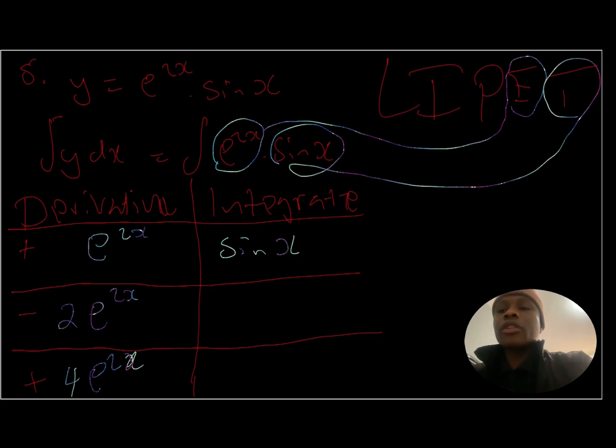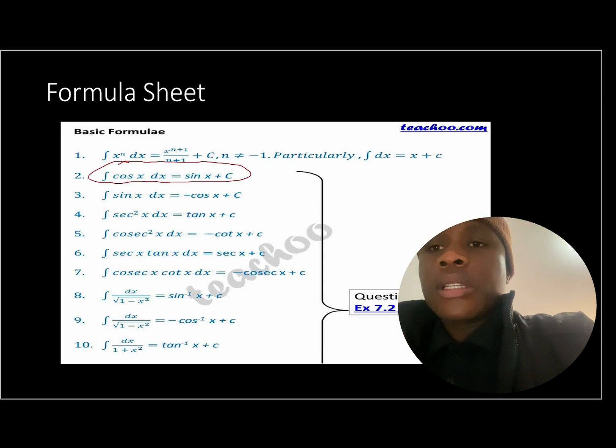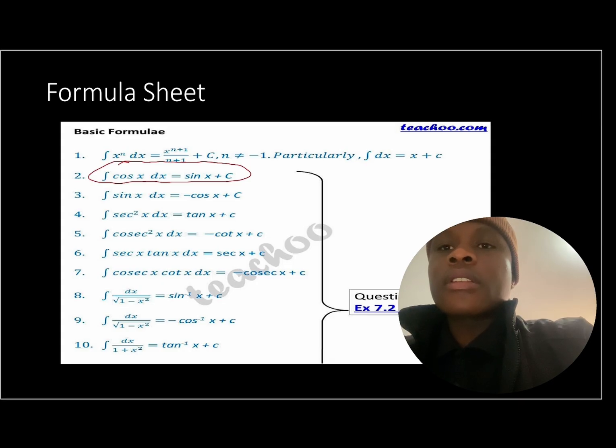Let us fill the remaining column by integrating sin x. Let's go back to our formula sheet. You see that the integration of cos x dx is sin x.